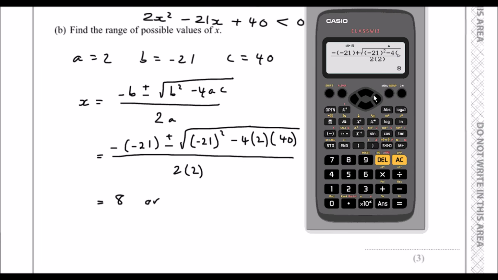Or then change it to a minus. Oh, I've lost it, so I'm going to type it in again. This time with a minus. And that's 5 over 2, or 2.5.